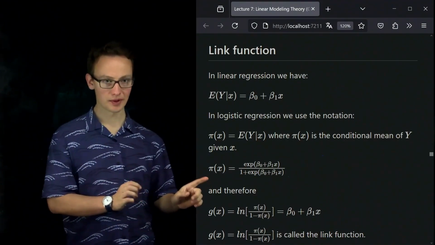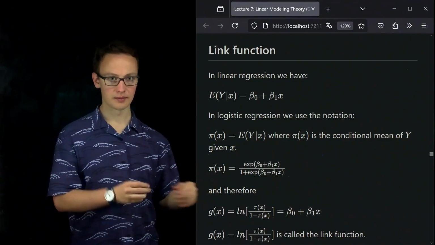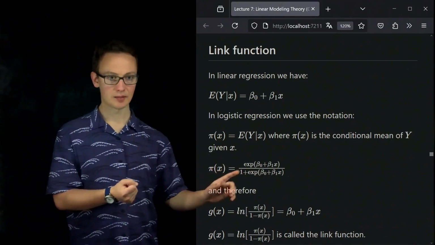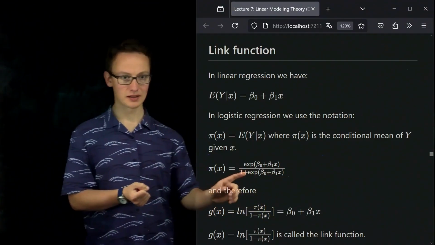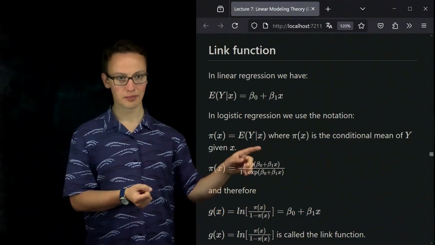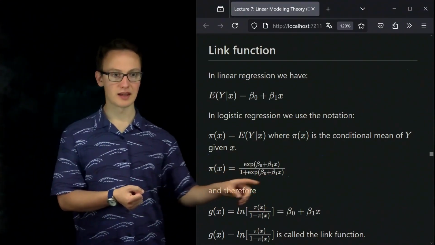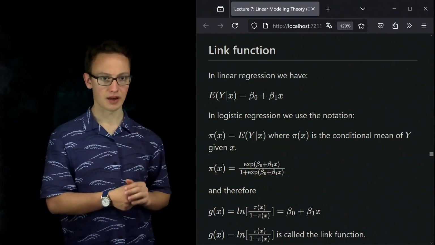And as we saw before, the predicted probability pi of x can be represented by this mathematical term here: the exponential of beta 0 plus beta 1x divided by 1 plus the exponential of that, okay?